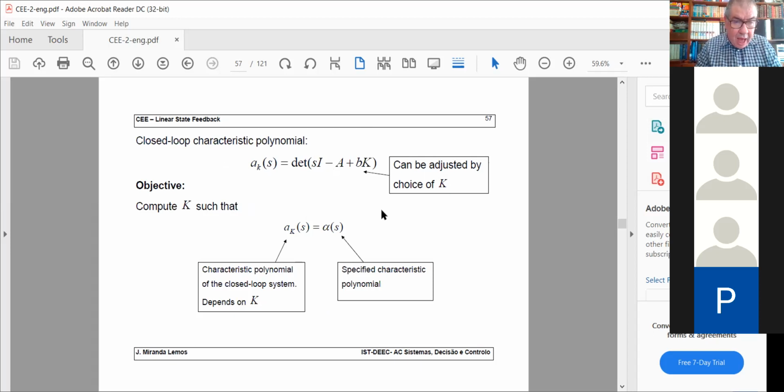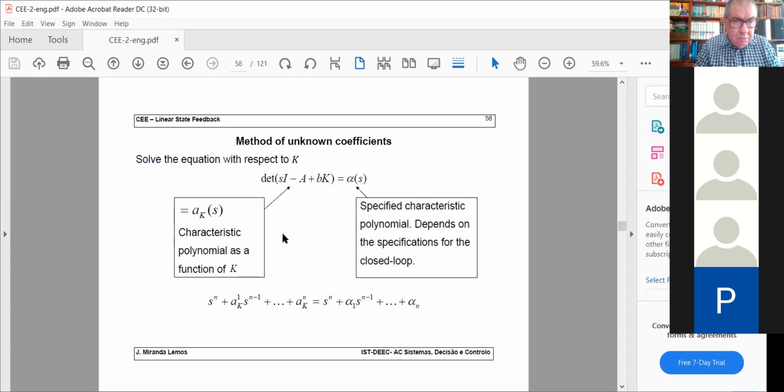Now, I want to adjust the coefficients such that this closed loop polynomial is equal to the desired or specified characteristic polynomial. So I want to solve this equation with respect to K. And for that, one possibility is to find K such that the corresponding coefficients of alpha K and alpha match.